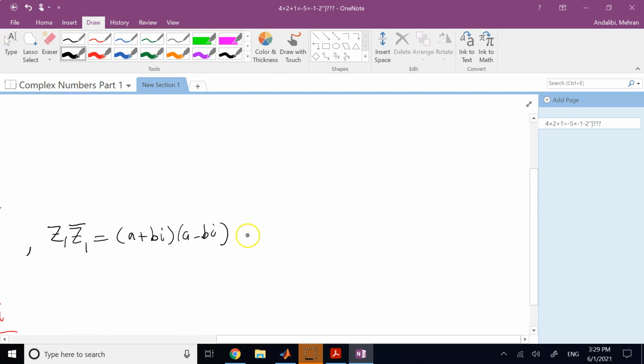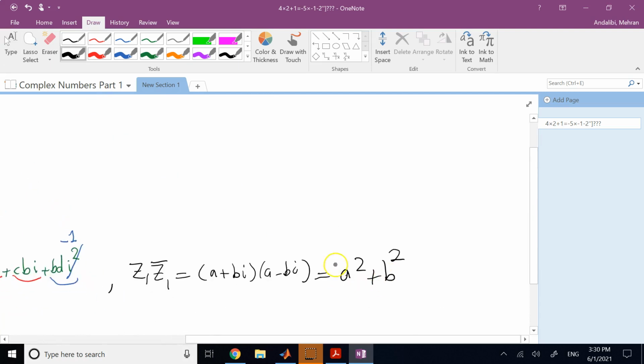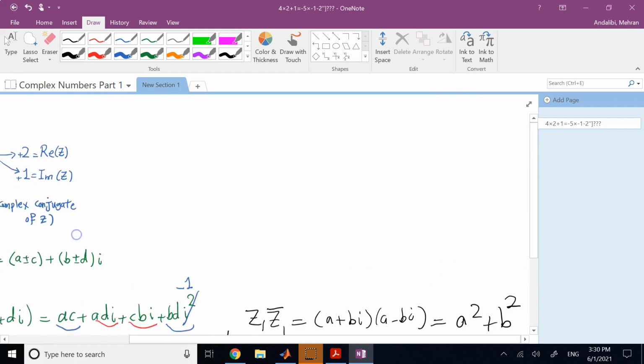So the result is going to simply be a squared plus b squared. Now, what is a squared plus b squared? Clearly, it is a pure real number. There is no i in it, okay? That's the good thing.